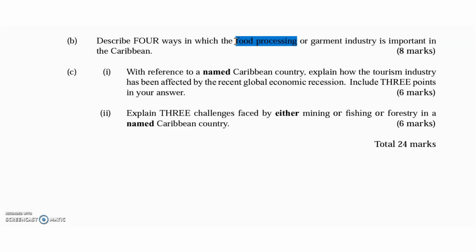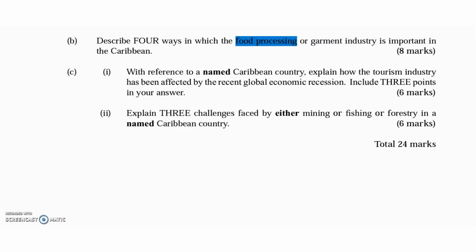All right, so there's 3 points thus far. Number 4, the food processing industry is very important to the extent whereby it adds some level of stability as it relates to food security for the specific country. What do I mean by that?